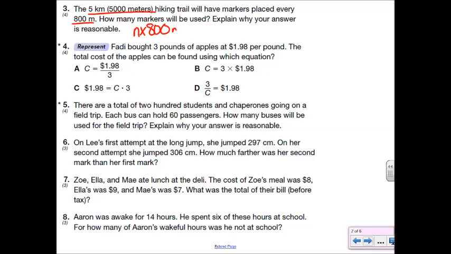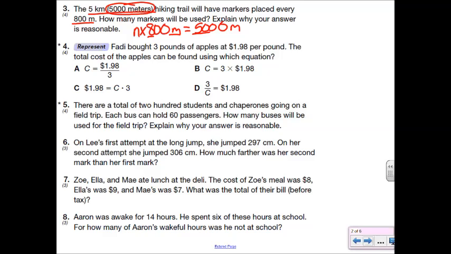Now, since I have meters on my units here, I need to use the total one that matches that same units. So I need to have the 5,000 meters instead of just the 5 kilometers. So I would look at this and say, all right, I have 8 and I have 50, and then I can kind of ignore the 2 zeros at the end.